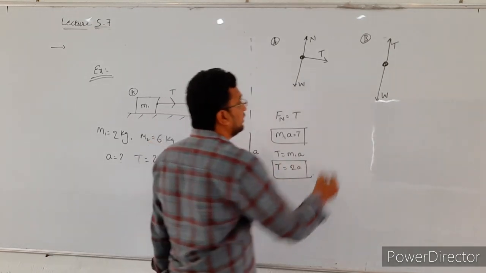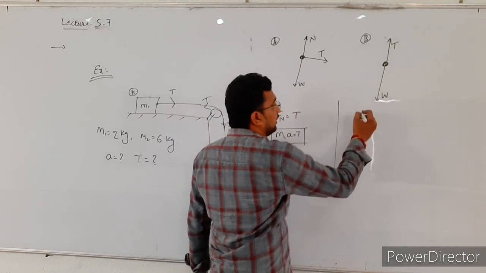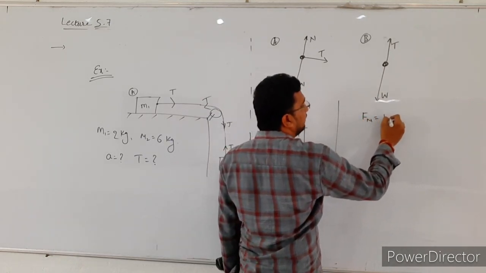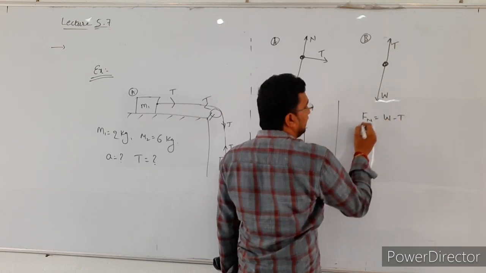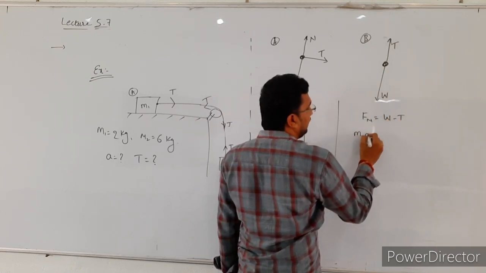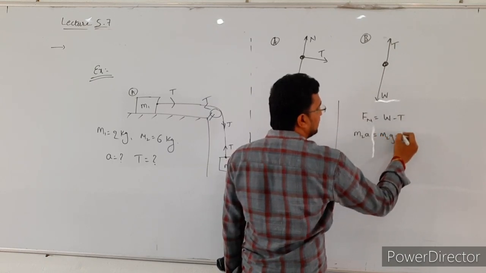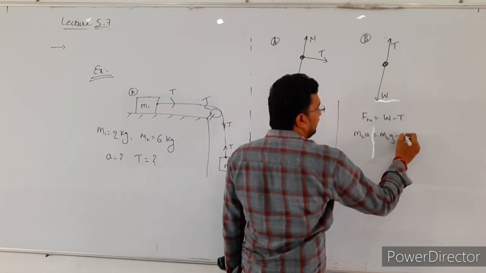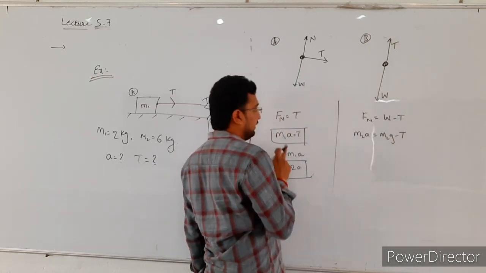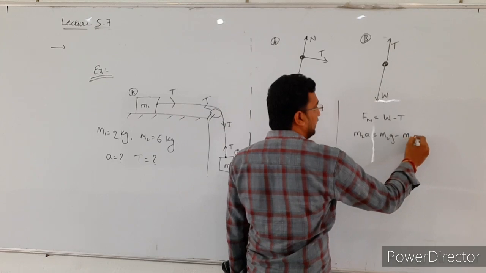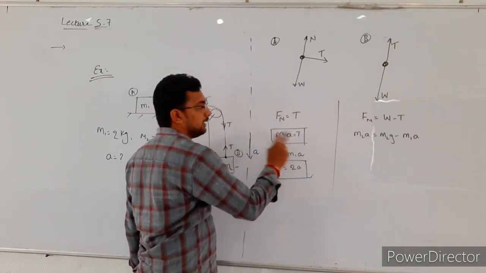Okay, the next. So from this diagram, the net force acting on the system is equal to weight minus tension. Here net force is nothing but M2 into A, that is equal to M2 into G minus T. Here the T value is M1A.